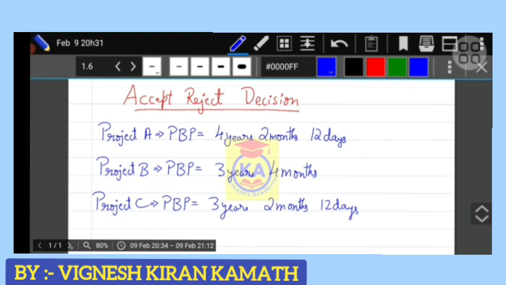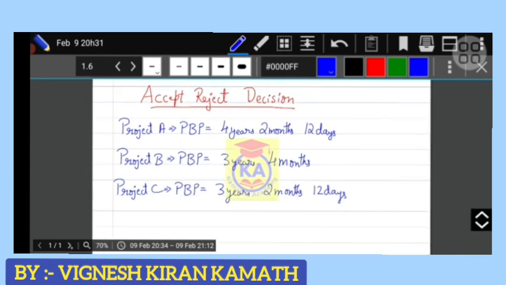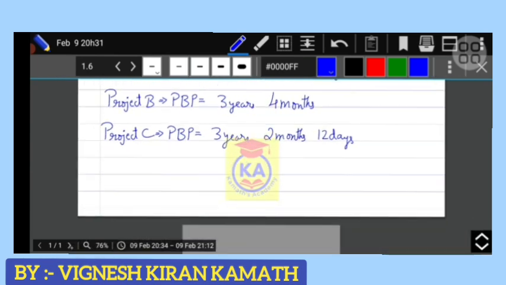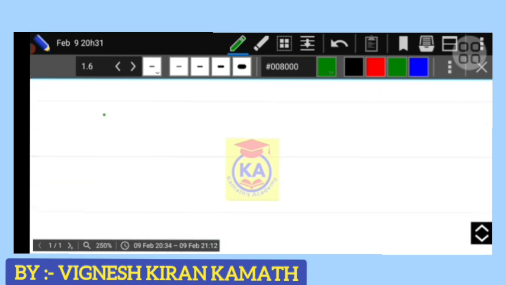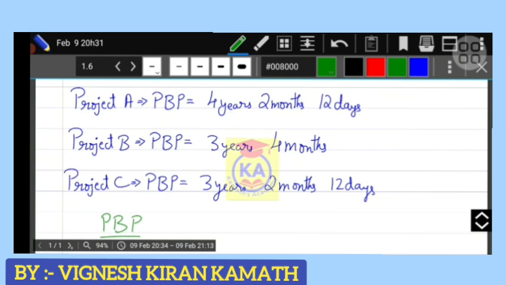Okay. Now, I have to find out which is the best project out of these 3. Now, how do I find out in the payback period method? So, keep this in your mind. For the payback period method, you have to select whichever is the least payback period.